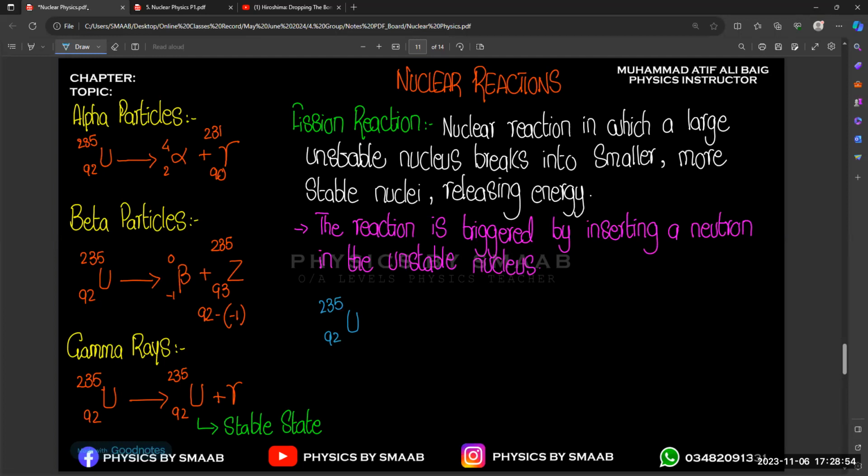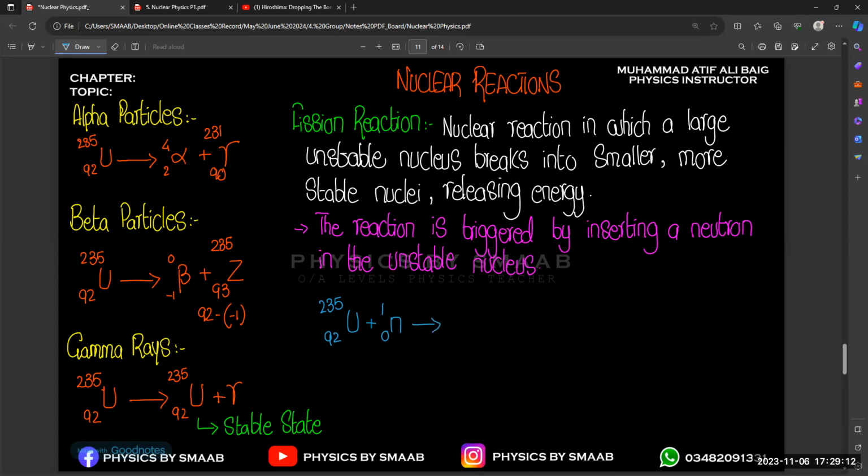We take uranium 92 235 this time, and we add one neutron in it. So this is the neutron that we add in the nucleus of uranium.